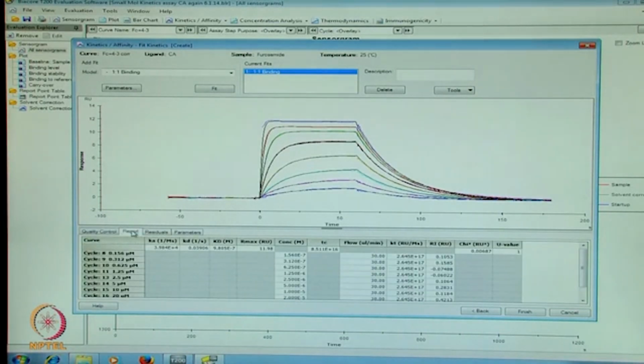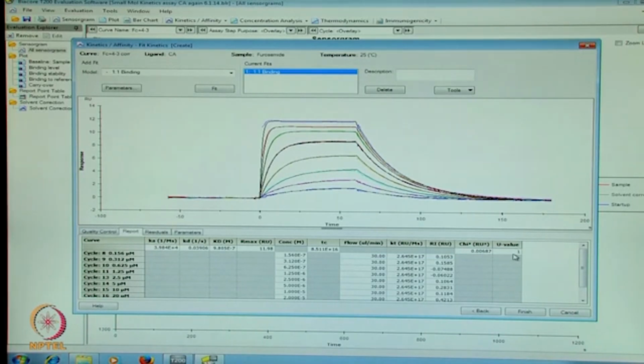The report shows on rate, off rate, affinity constant or binding constant, Rmax of 12 RU, various injected concentrations, flow rate, differences in the refractive index of the sample and the running buffer, chi-square below 1 and U value below 25.